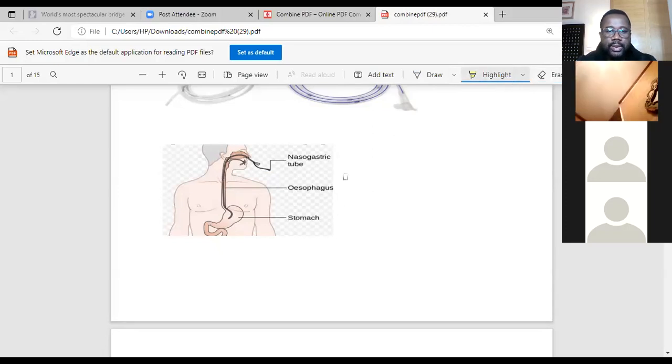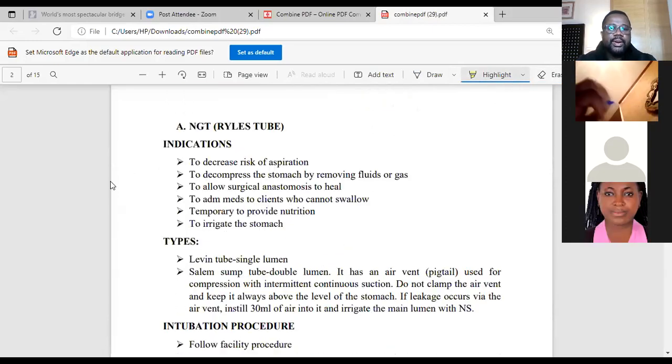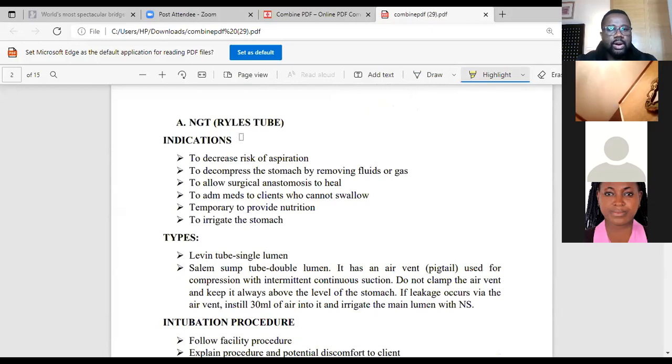NG tube is also called Ryles tube. And what do we use it for? Indications: to decrease risk of aspiration, also to decompress the stomach by removing fluid or gas.